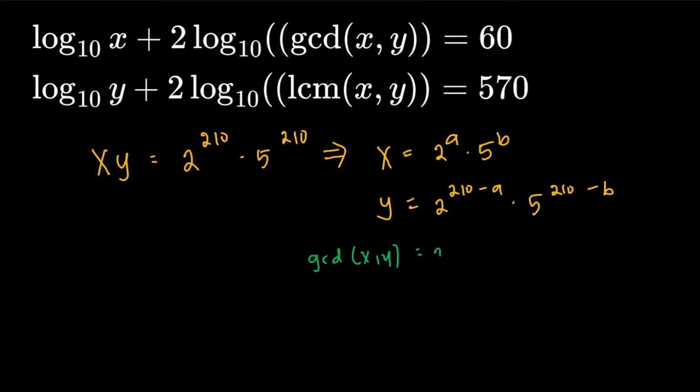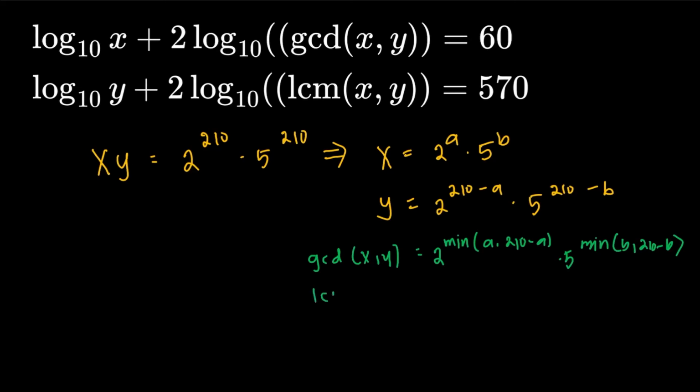To be specific, it's going to be 2 raised to the minimum of a and 210 minus a, whichever is smaller, times 5 raised to the minimum of b and 210 minus b. Exactly the same idea. That's going to be for the GCD.